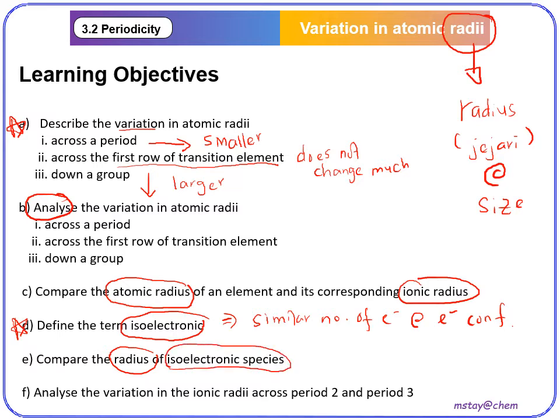Next, we are going to learn about the ionic radius across period 2 and 3. Basically we just need to know either period 2 or period 3 because the trends are similar. It means if the elements in period 2 become ions, how does the radius change?